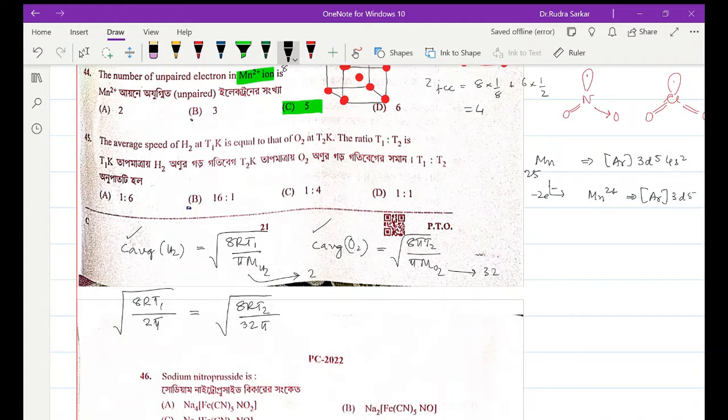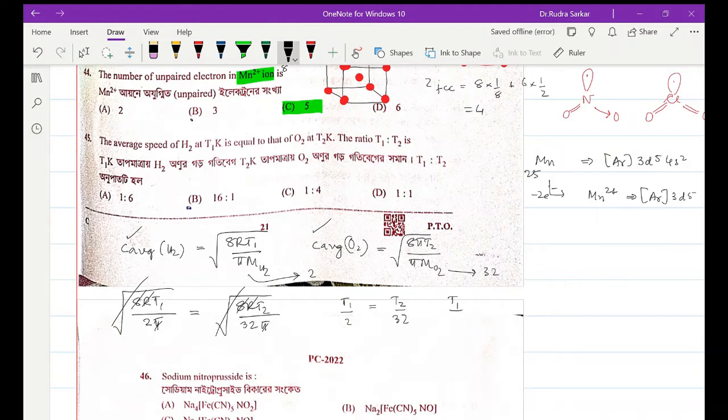So basically, after equating, we can remove this root. The 8 and R are gone. Pi is also gone. So we have T1 by 2 and T2 by 32.